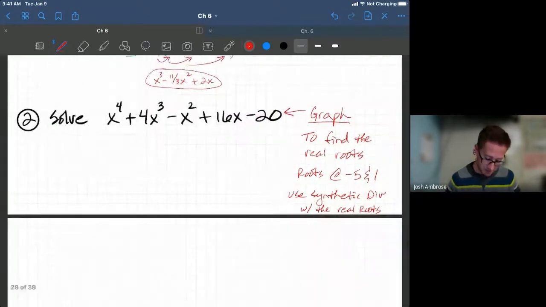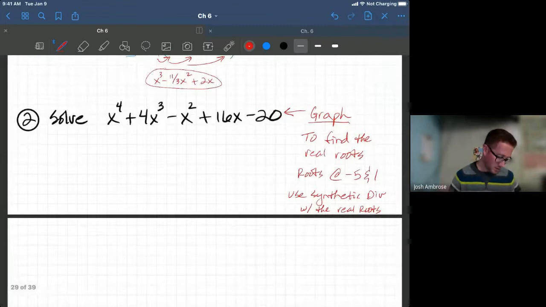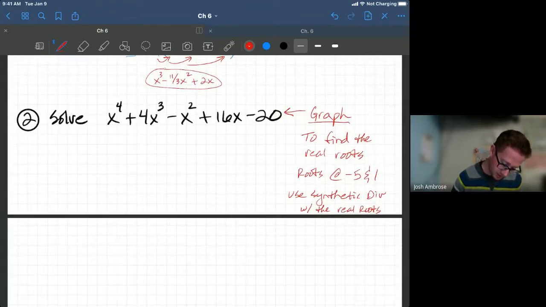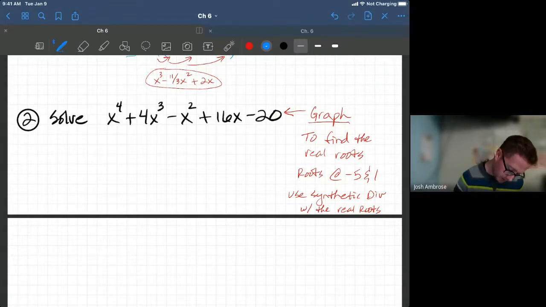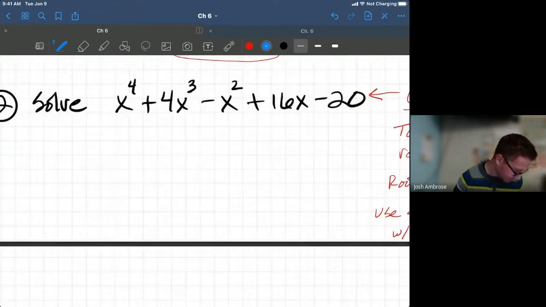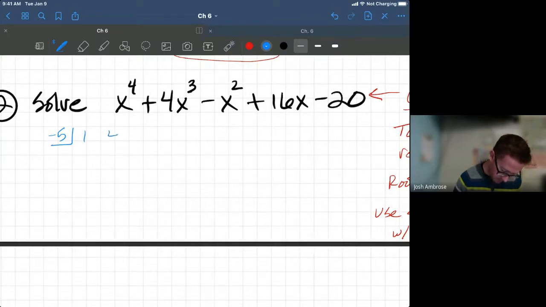Now let's move over here and do our synthetic division. Let's start with the -5, and then we're going to use the +1. So we've got our -5. Our coefficients are 1, 4, -1, 16, and -20.